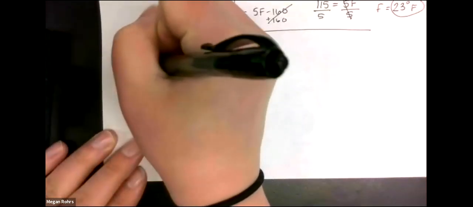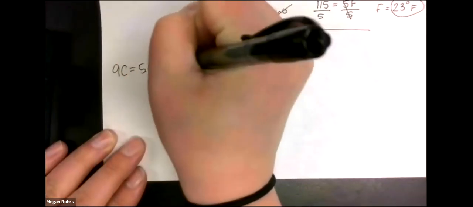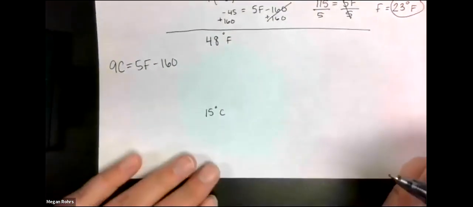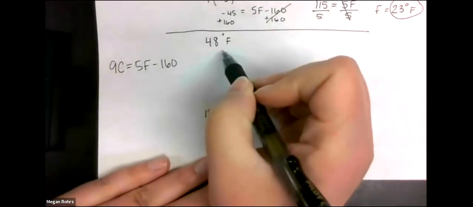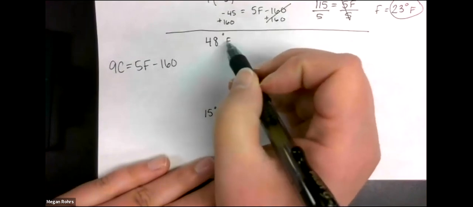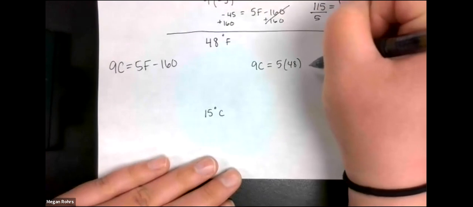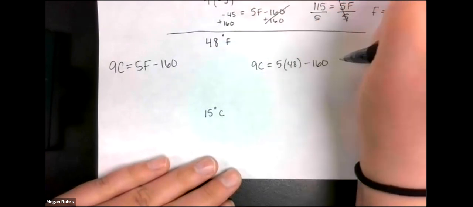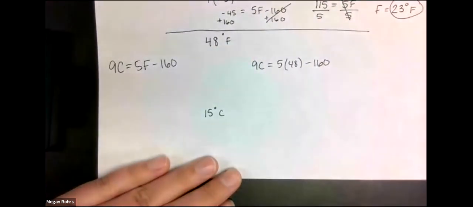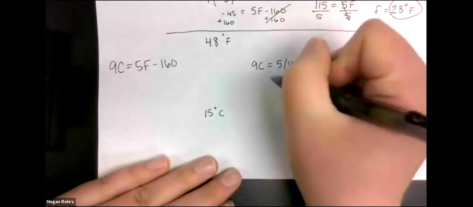Okay, a couple more here. I'll rewrite that equation so we have it. 9C equals 5F minus 160. So now we have a Fahrenheit temperature. We want to go to Celsius. Plug this in where the F is in our equation. So 9C equals 5 times 48 minus 160. So now we're going to solve this here. 5 times 48 gives me 240.